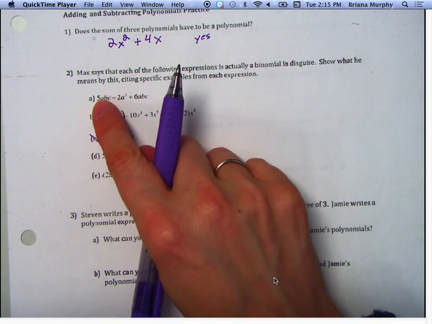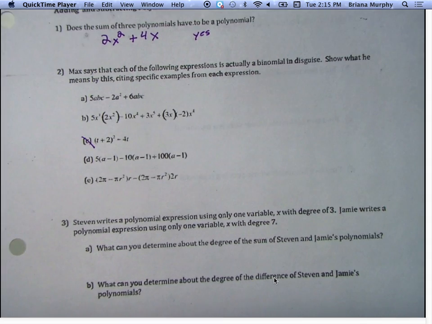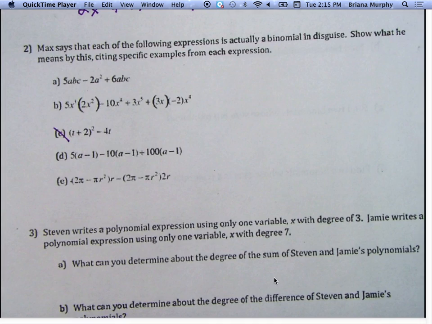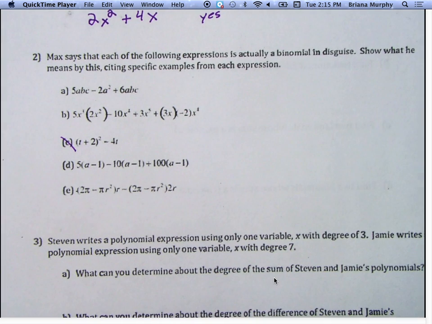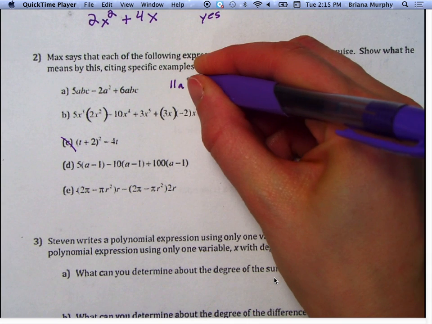So for A, let me zoom in because it's really small. What can we do for A? Can we combine anything together to make it into a binomial, meaning it only has 2? Which 2 things can be combined? 5, 6. What would I have? 11.